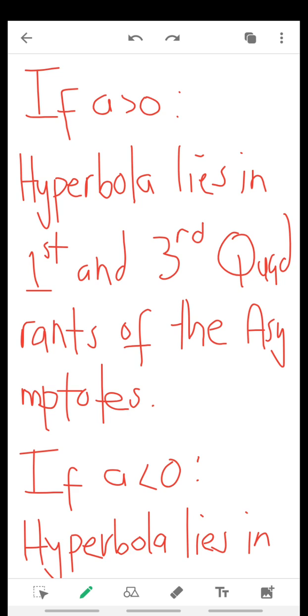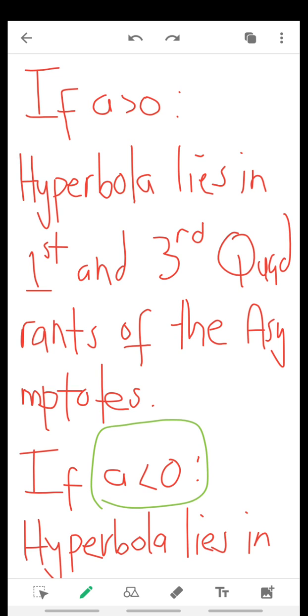So if your a is positive, we will have our hyperbola in the first and the third quadrants of the asymptotes. You'll have your asymptotes perpendicular to each other.